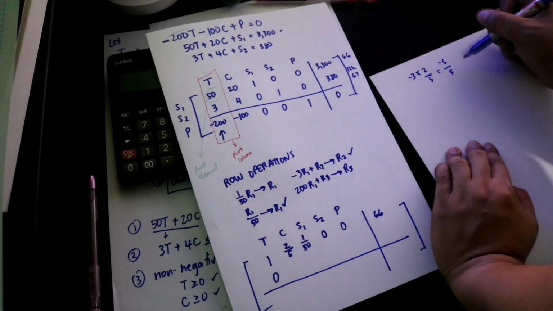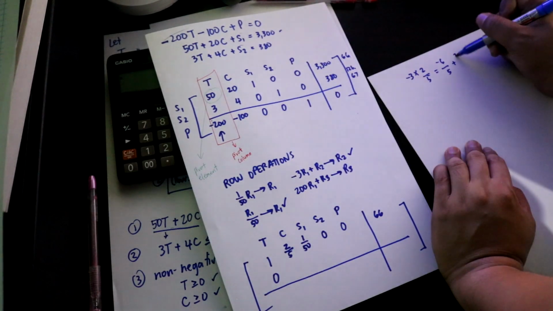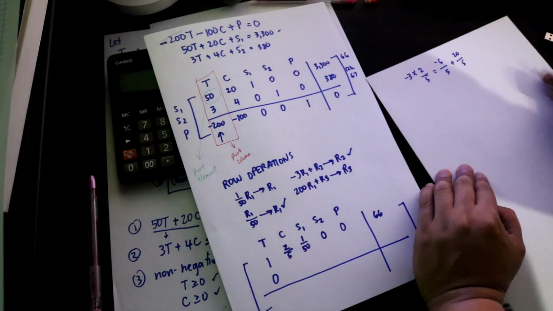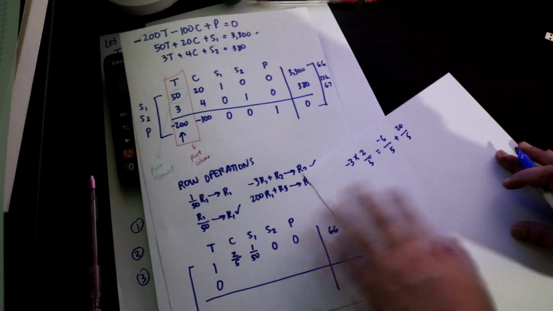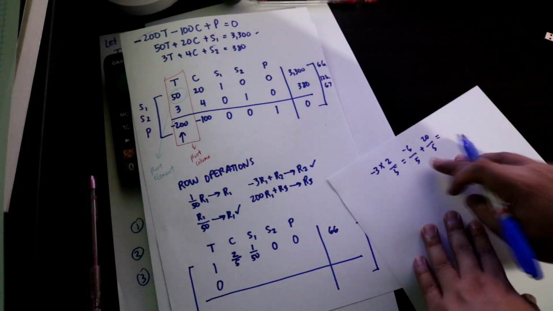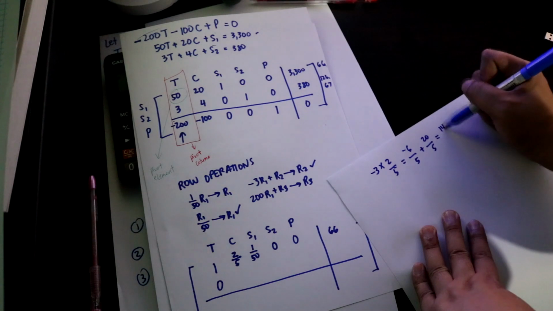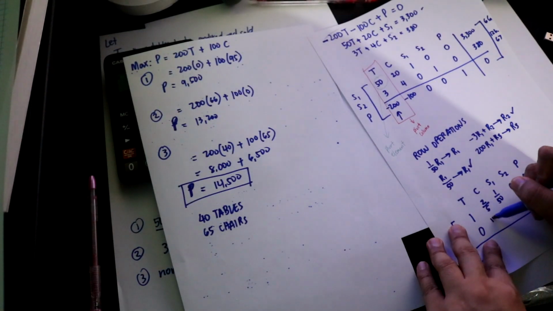Plus 4. We can rename 4 into 20 over 5, which is the same as 4. So we add negative 6 over 5 plus 20 over 5. That would now be 14 over 5.